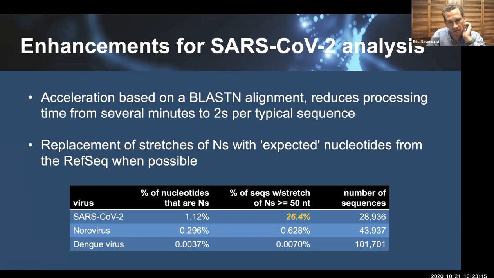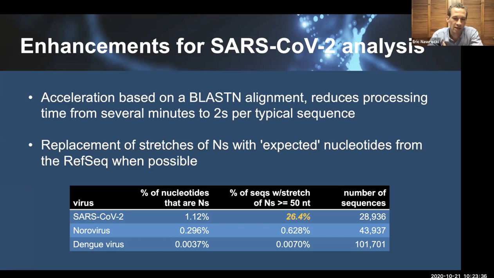The reason that's so important is because VADR and other annotation tools rely on sequence similarity. Whenever there's a stretch of Ns, it essentially can't get purchase on that part of the alignment. It has to rely on the bordering sequences, and so it just makes it more difficult to do the alignment correctly.